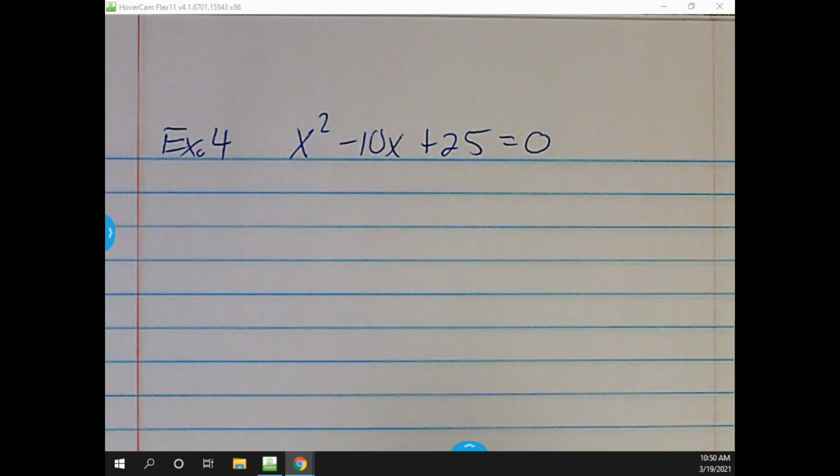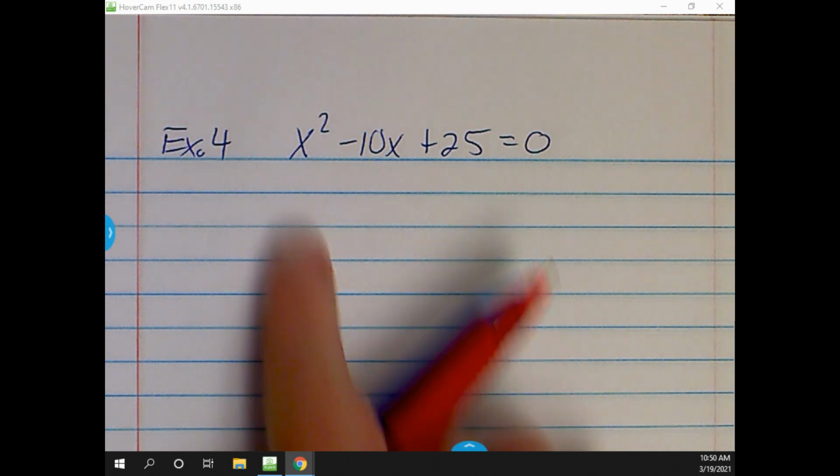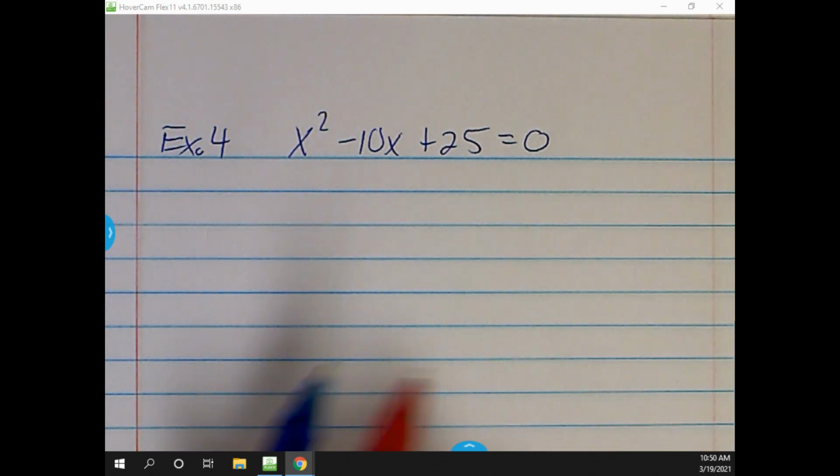All right, so for number 4, we'll go x squared minus 10x plus 25 equals 0. Okay, it's 3 terms, so this is where we can do some factoring here.